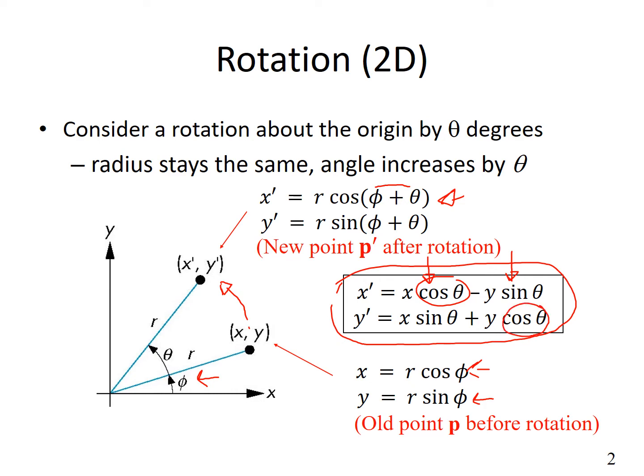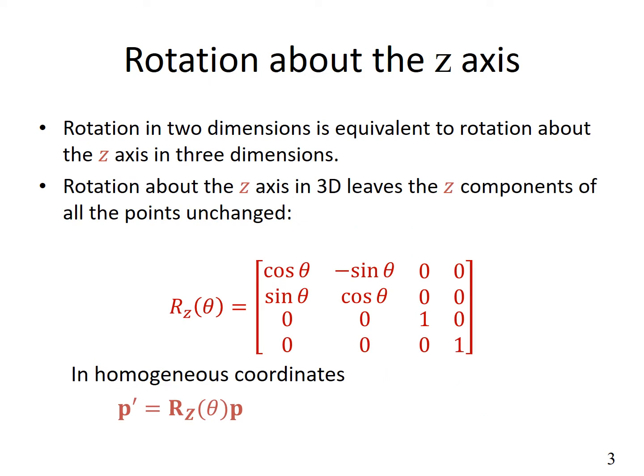Rotations in two dimensions is equivalent to rotation about the z-axis in three dimensions. And if you recall from the previous slide, we got x dash as a linear combination of x and y with these weights, and they are present here in this rotation matrix. And we got y dash as a linear combination of x and y with these weights. So they form the top left corner of the rotation matrix.